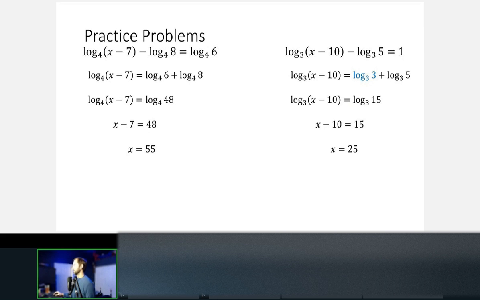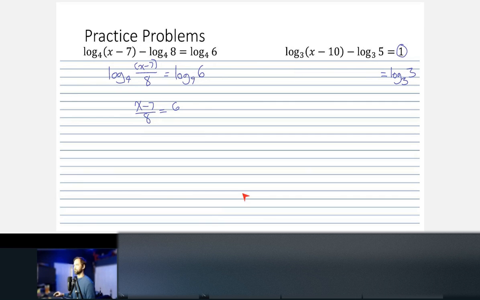Nothing too complicated. So as long as you understand that we can change 1 to log base 3 of 3, let's say, for example, what if I had stuff and then it equals, I don't know, 5? So instead of equaling 1, how can I deal with that?